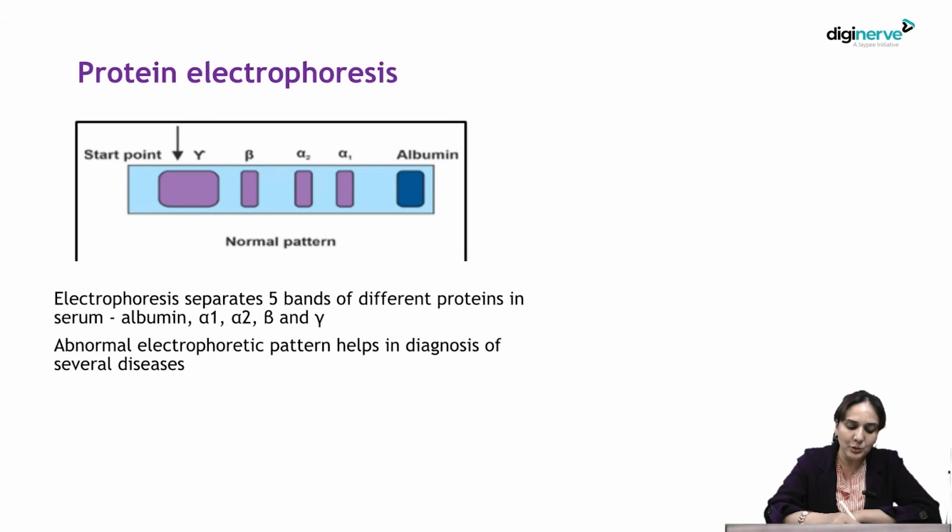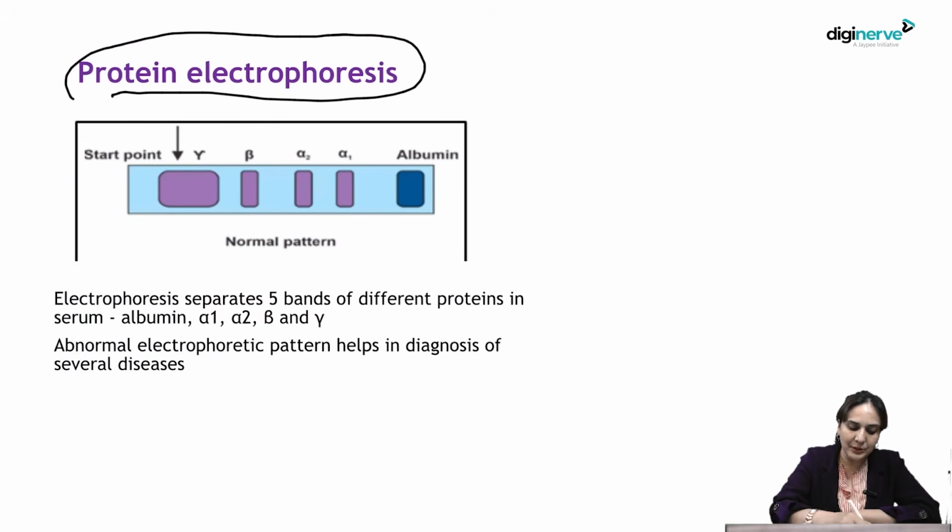Then students, one more thing which you should know is protein electrophoresis. We have discussed that with protein electrophoresis, we can separate the proteins based on their negative charge and size. Normally, when electrophoresis is done, it separates into 5 bands: albumin, alpha 1, alpha 2, beta and gamma. This is the normal pattern of electrophoresis of plasma proteins.